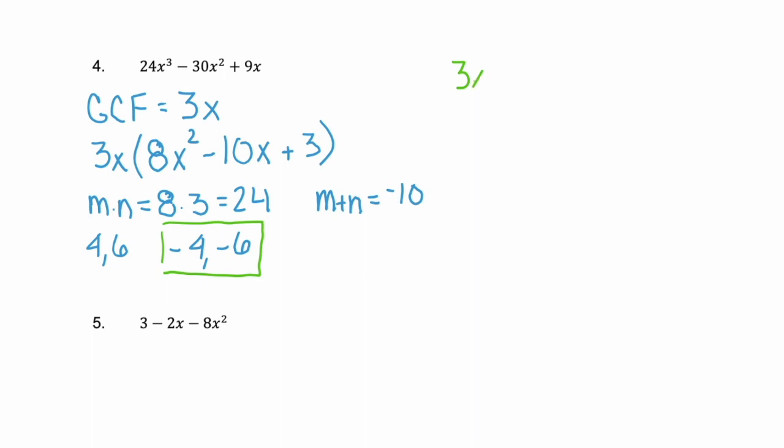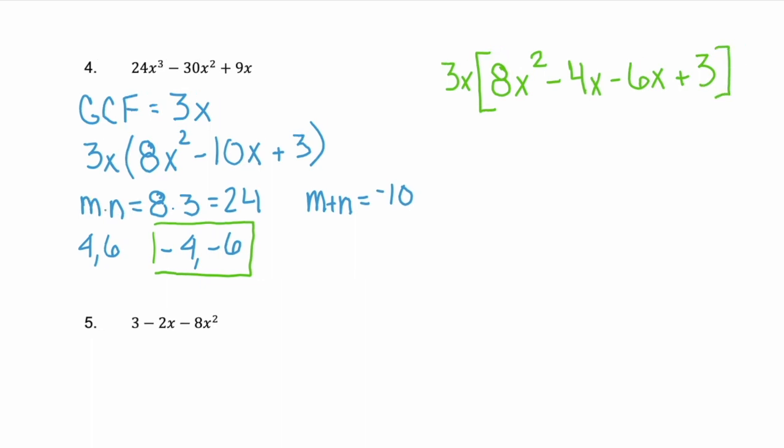Don't forget your GCF, 3x, and then we rewrite our trinomial, 8x squared minus 4x minus 6x, which replaces the negative 10x we had, plus 3. When we rewrite this with the associative property, we don't want this second grouping to start with a negative.